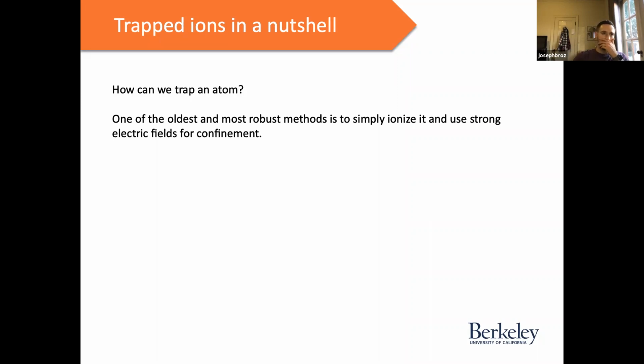One of the oldest and most robust methods is to simply ionize it, like I just mentioned: strip off the outermost electron, and then use strong electric fields for confinement. We're very good at controlling and stabilizing electric fields. People have been doing this for a very long time, and I think we understand it pretty well. That's a major advantage compared to some of the more exotic trapping techniques like optical tweezers or optical lattices.